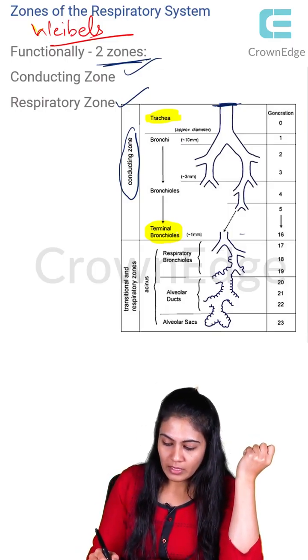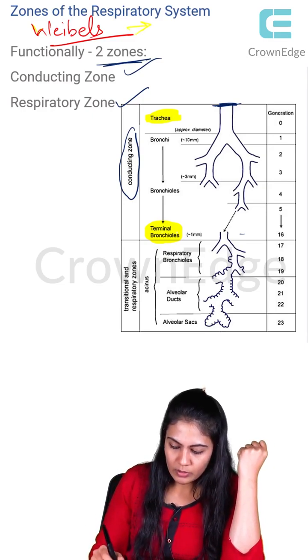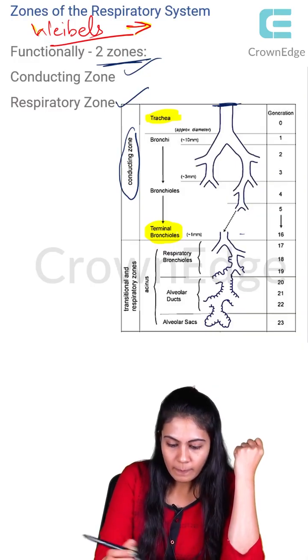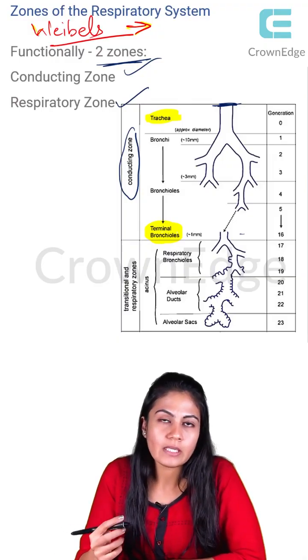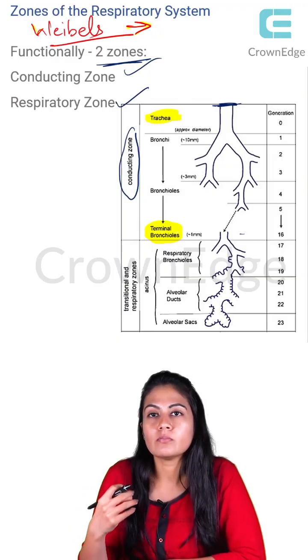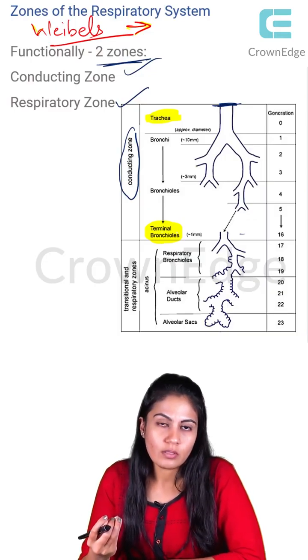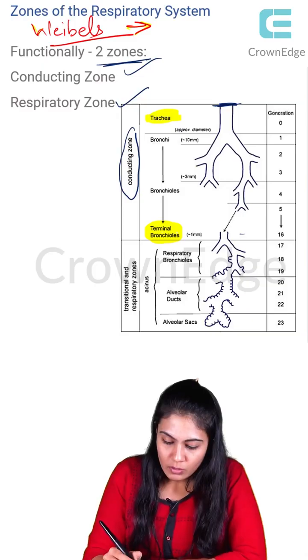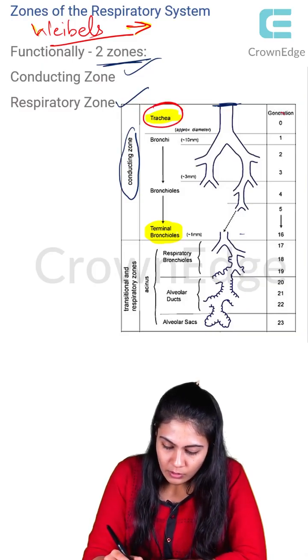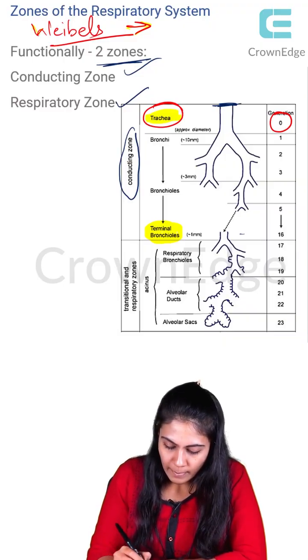Weibel, a scientist, gave numbers to the airways, that means generations, to those divisions of the airways. He called the trachea the zero generation, and as he moved downwards to the terminal bronchiole, he gave the number 16.